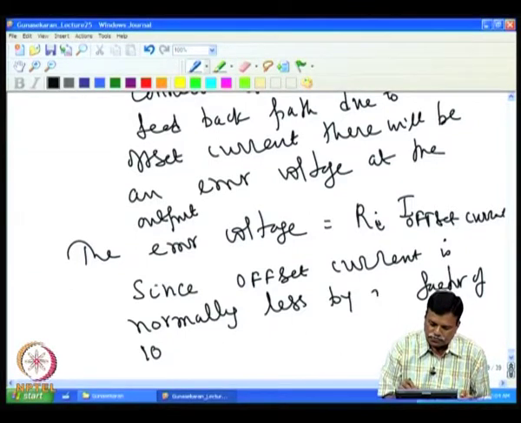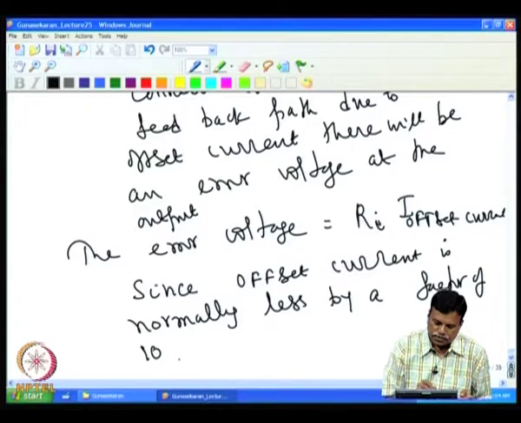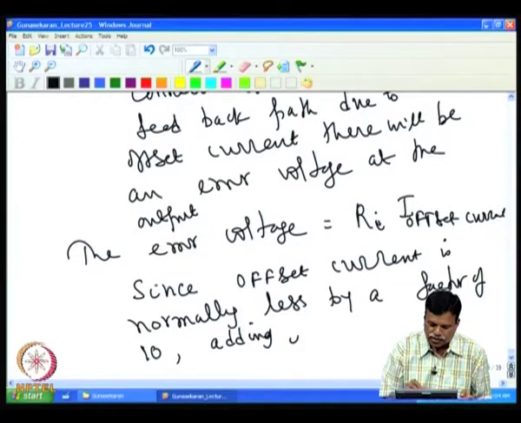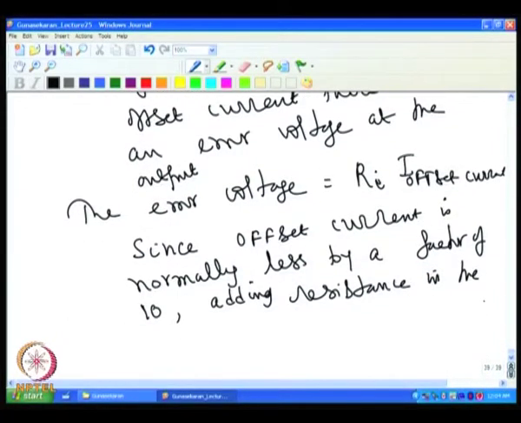So, adding a resistance in the feedback path reduces the error.